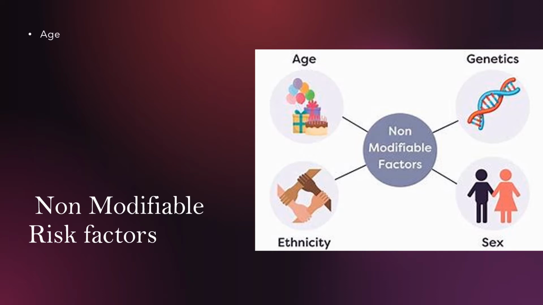With sex, the female gender is more prone to getting high blood pressure than the male gender. And with ethnicity, we know high blood pressure is very common in the Black American race as compared to Caucasians or other races.